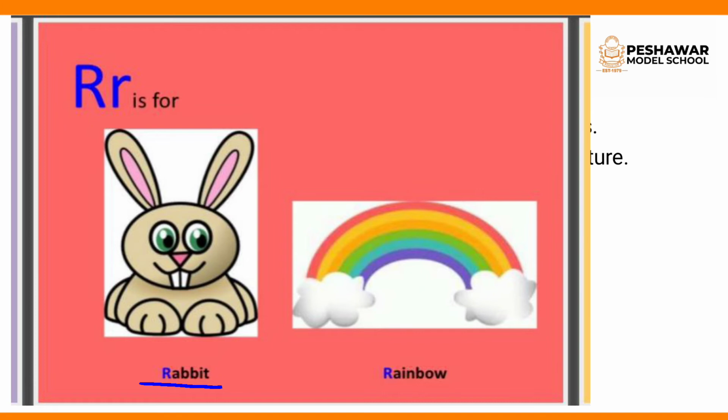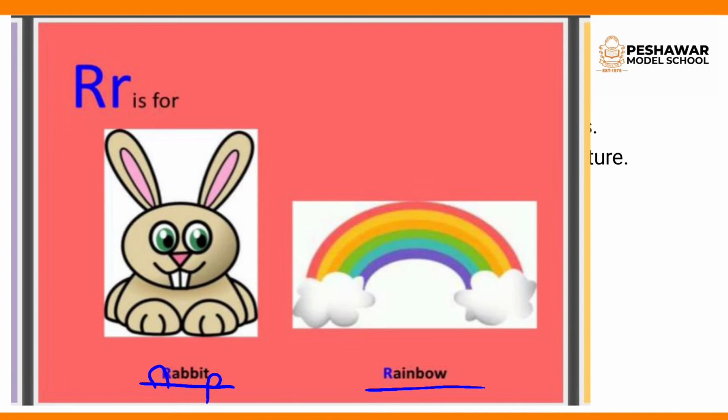R. And the final sound is T. Second example, rainbow. In rainbow, the first letter is R and the last sound is V.